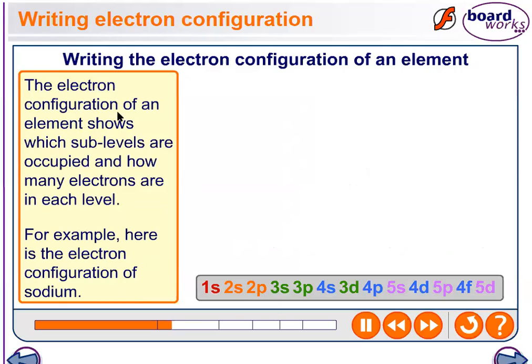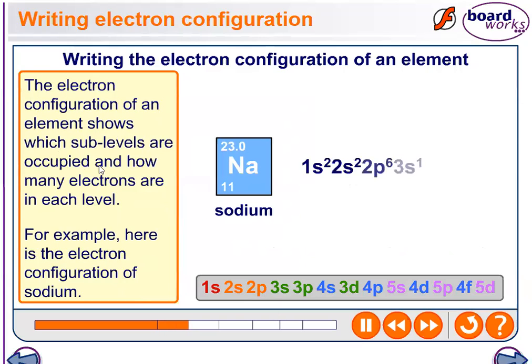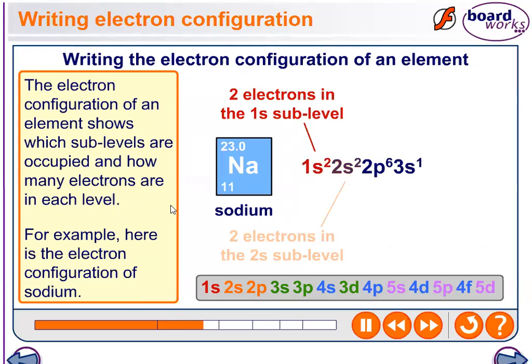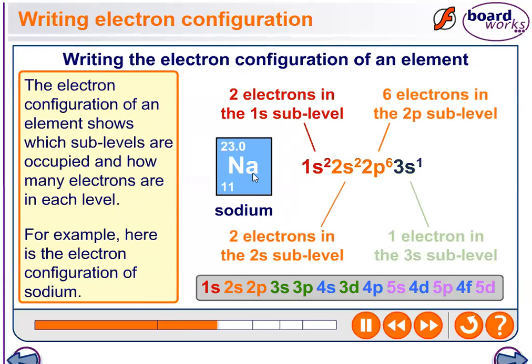So the electron configuration of an element shows which sublevels are occupied and how many electrons are in each one. For example, here sodium, Na 11. So 11 is the atomic number, and that represents the number of protons, and at the same time it is equal to the number of electrons. So when we start to make the electron configuration, we start in the order which we know. The 1s will contain 2, so we still have 9.